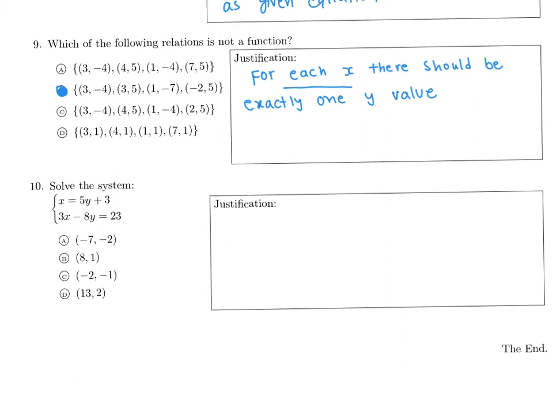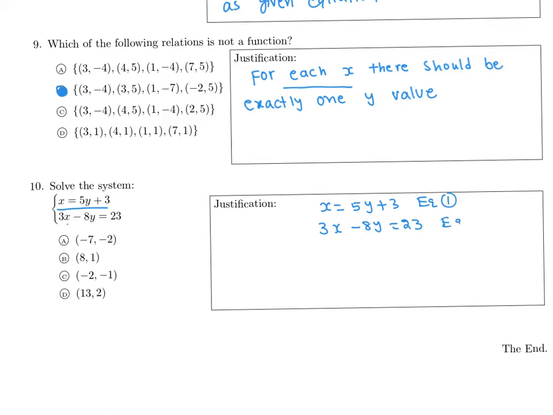Question number 10. Solve the system of equations x equals 5y plus 3, 3x minus 8y equals 23. I'm going to use this x value and plug it in here. So you have two equations, equation number 1 and equation number 2.